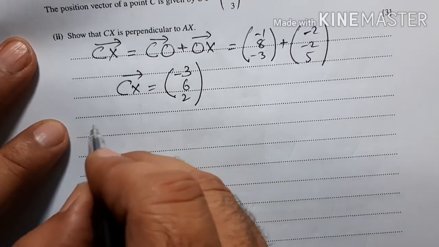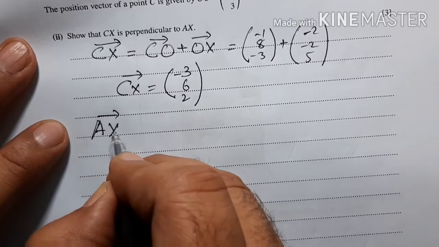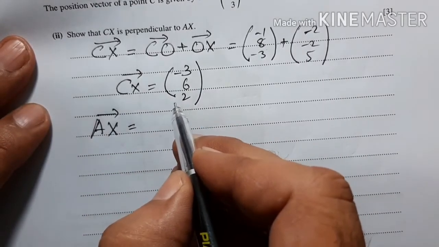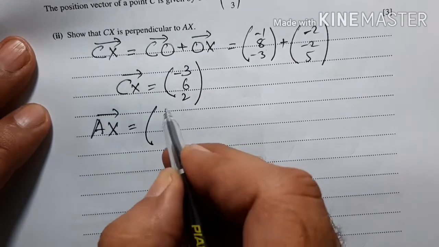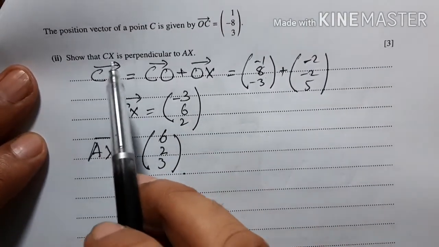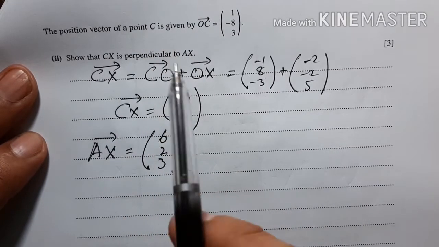Now, from the previous part, I know that AX is 6, 2, 3. The condition for perpendicular vectors is that their dot product should be 0.